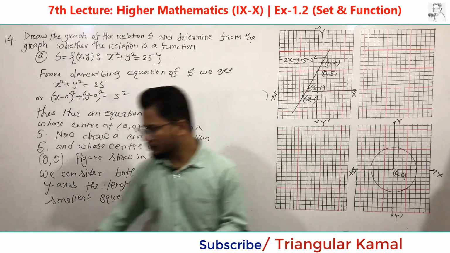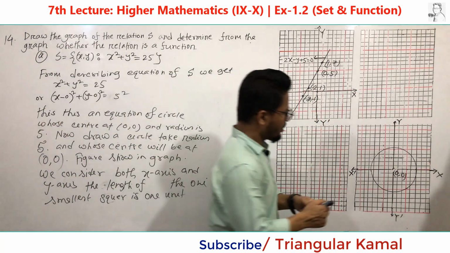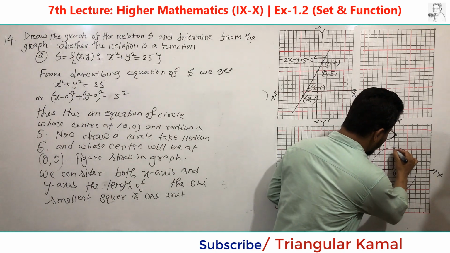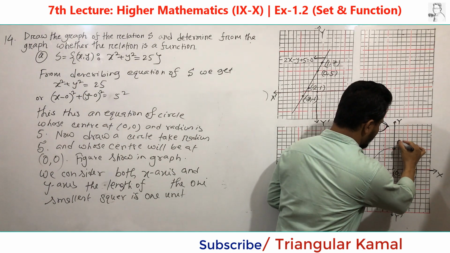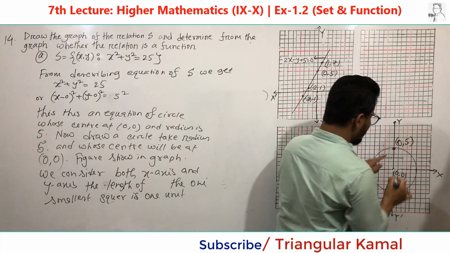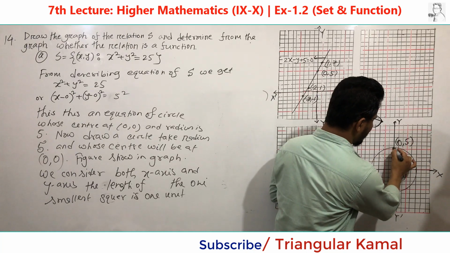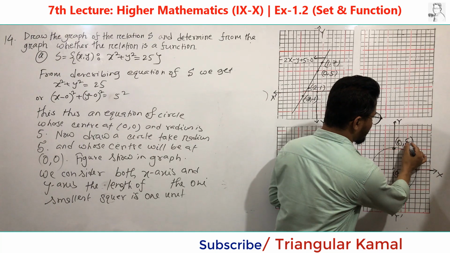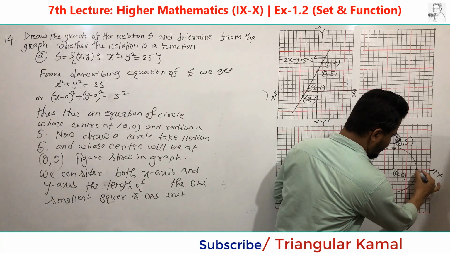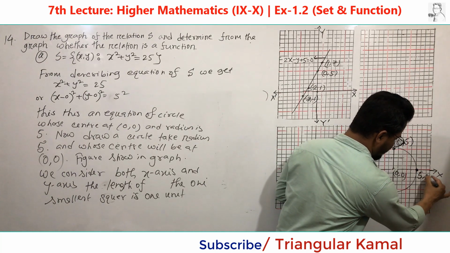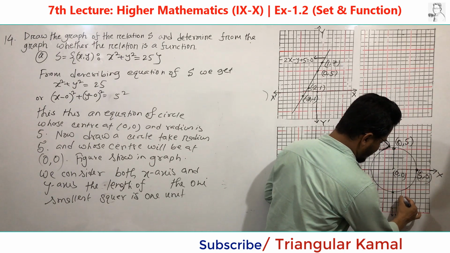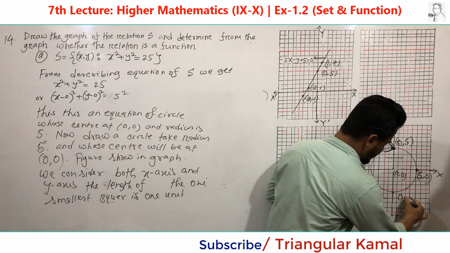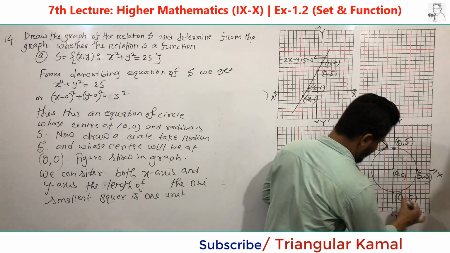So this point from the upper side is (0, 5), because on the y-axis the value of x will be 0 and y is 5. On the x-axis this one will be (5, 0). On the lower side, the negative side of y, the value of x is 0 and the value of y is minus 5.